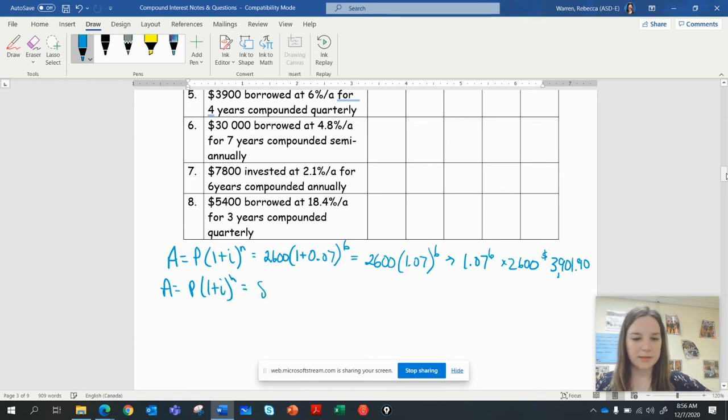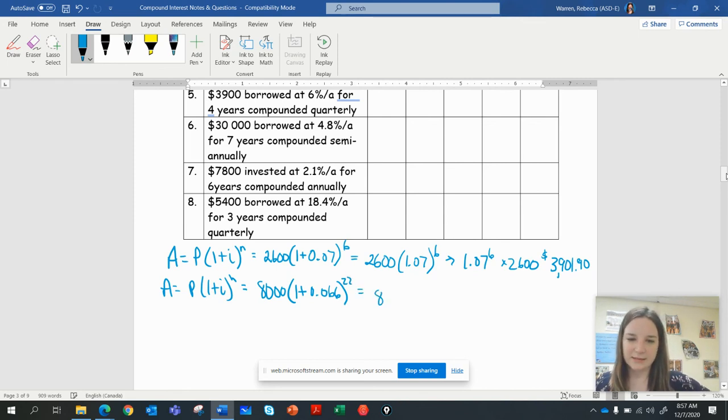Our principal amount was 8,000. So we plug that in for P. Then again, it's always 1 plus. Our i was 0.066. And then to the power of the last column, which was 22.